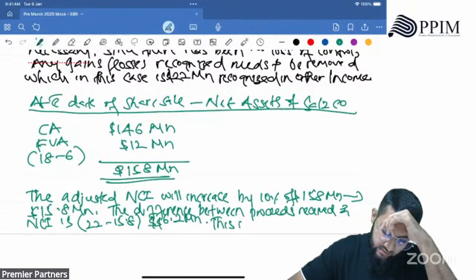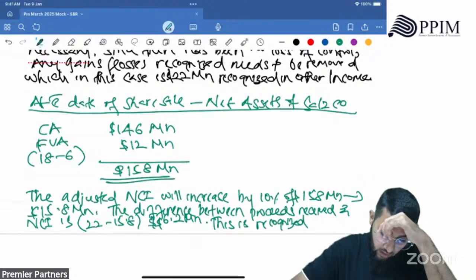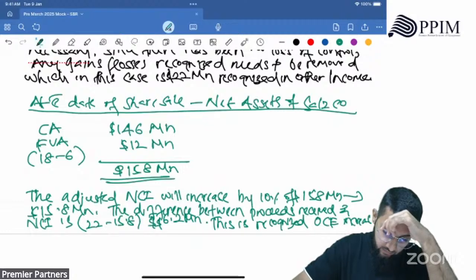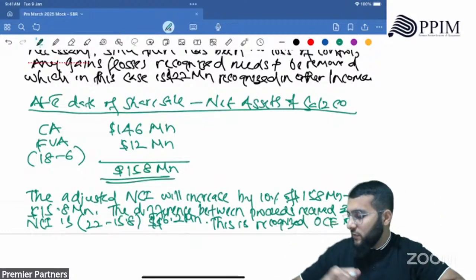This is recognized under other components of equity as an increase. That's what we are explaining.